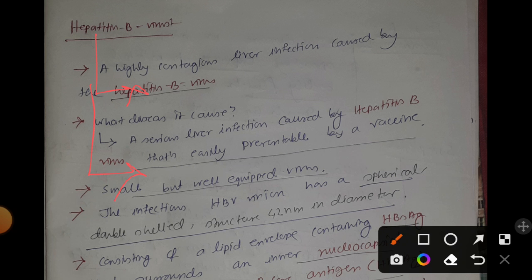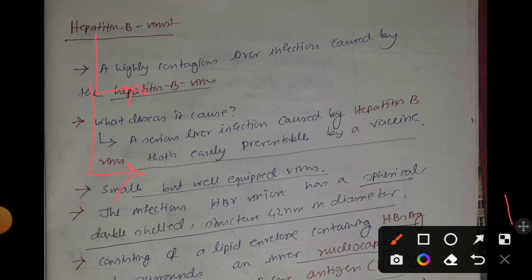Hepatitis B virus contains a partially double-stranded DNA genome, and it also carries viral DNA polymerase of its own, and it is a double shelled structure. It consists of HBsAg on the surface and HBeAg also, along with HBcAg that is present on the nucleocapsid.